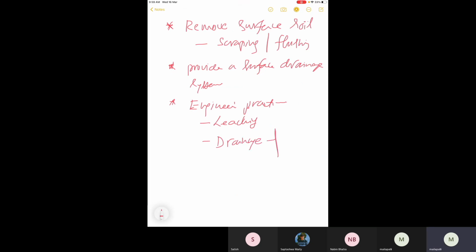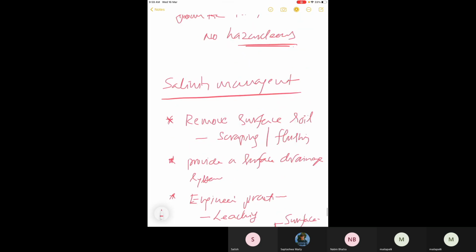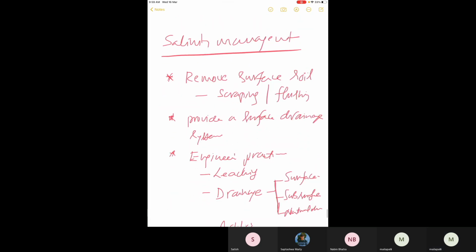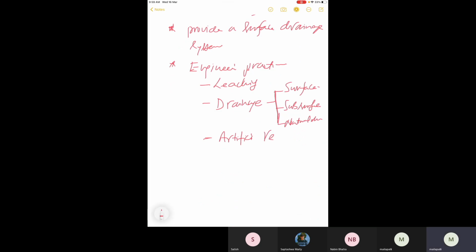So the drainage could be surface drainage, subsurface drainage, and then natural drainage or non-conventional drainage. Okay, and we also have non-conventional ones, the mole drainage, vertical drainage. There are several things. And then the third one is artificial recharge.